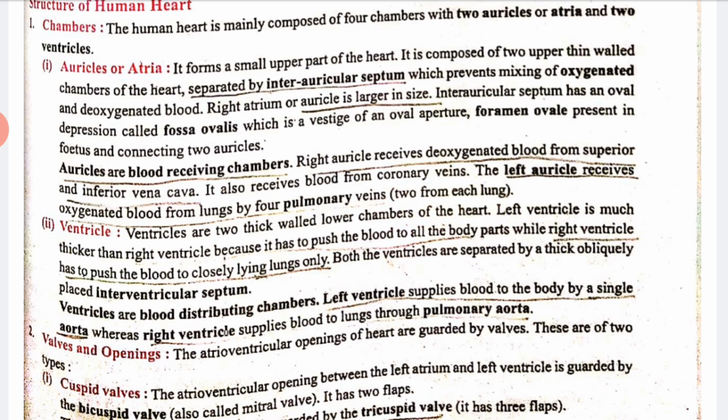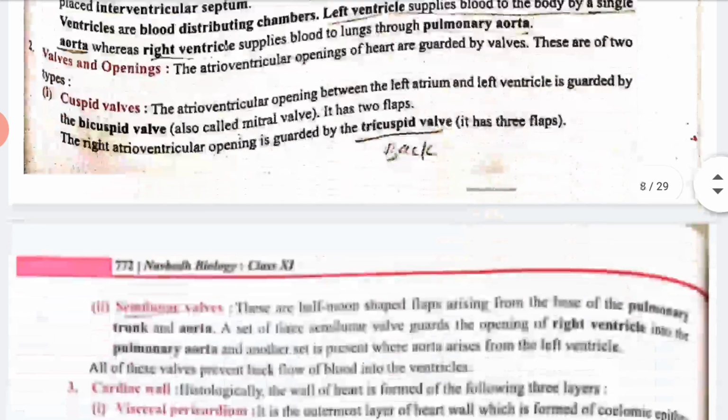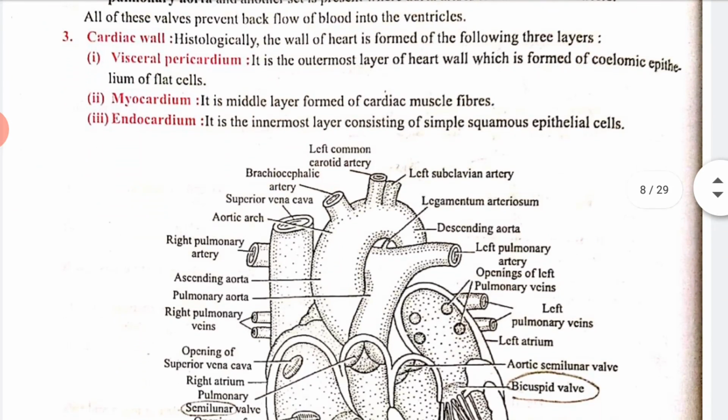Okay, now cardiac wall. So what is cardiac wall? Histologically, the wall of the heart is formed of the following 3 layers, that is visceral pericardium, myocardium, and endocardium.